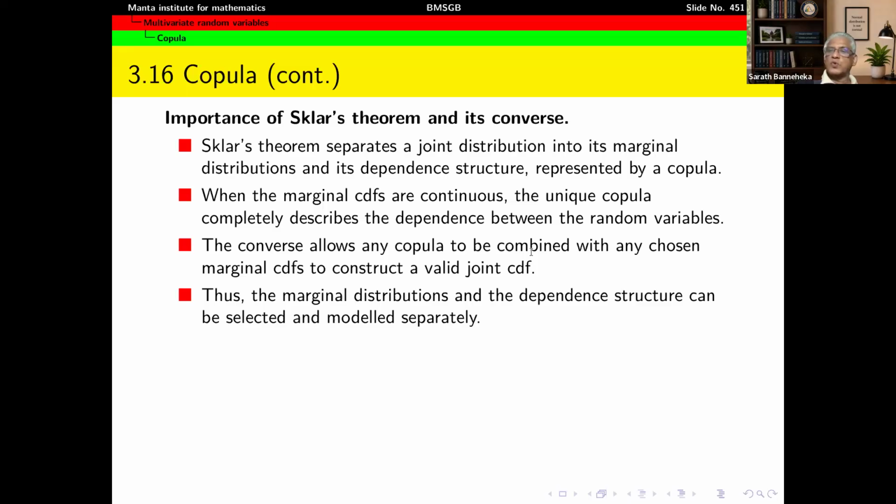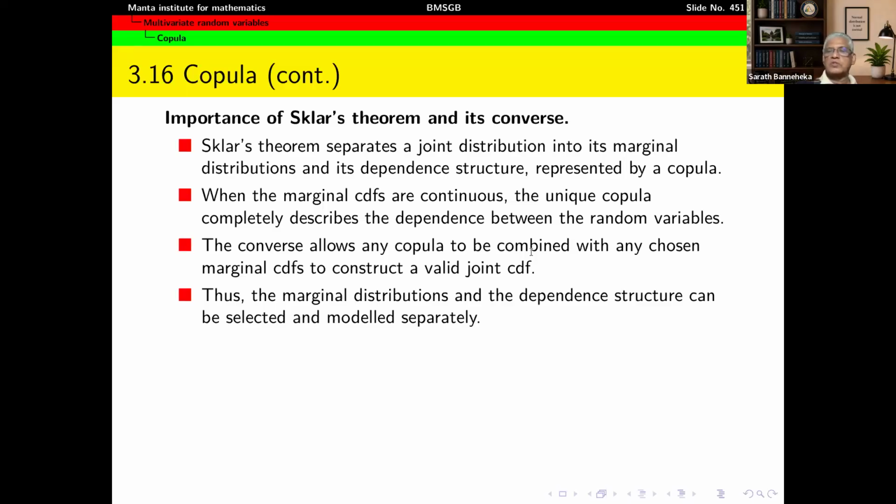So this converse is useful when, say, for example, we want to generate some data from a joint distribution with given marginals, marginal CDFs or marginal densities, where the joint distribution may not be exactly known, but the marginals are known, and also the dependence structure between X and Y is known.